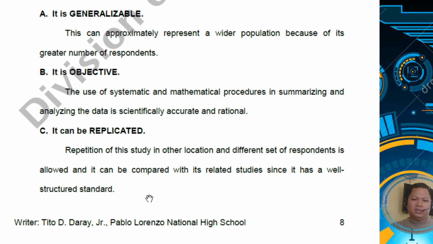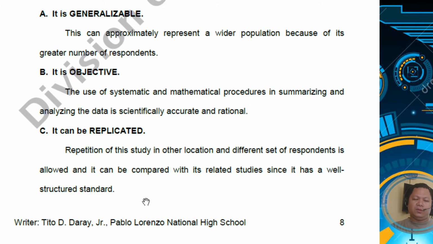Repetition of this study in other locations and with different sets of respondents is allowed. It can be compared with its related studies, since it has a well-structured standard. Okay, so because quantitative research is structured, it already has a pattern, so anyone can replicate it in another location.